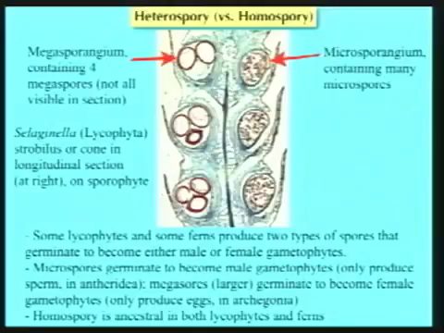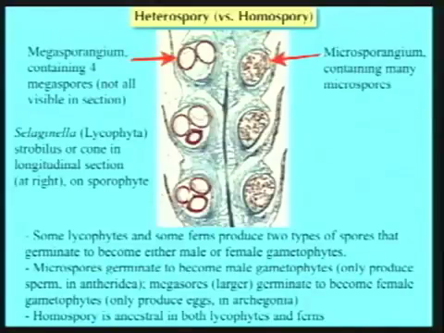This is actually a lycophyte cone that's been sliced down the middle longitudinally, right through the middle of the sporangia here. On one side, it's producing microsporangia with one type of spore, the microspores. And on the other side, it's producing megasporangia with megaspores, which are larger, obviously. You can see there's only 4 products of meiosis in one of these.